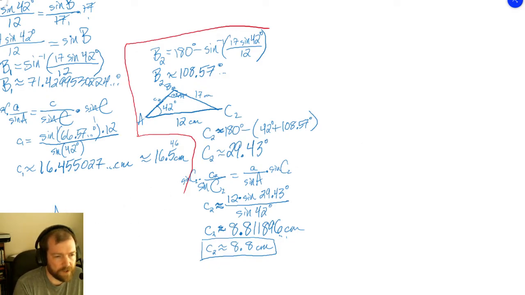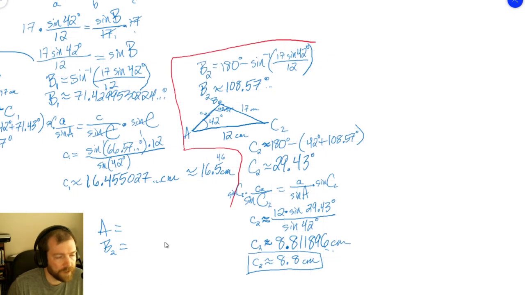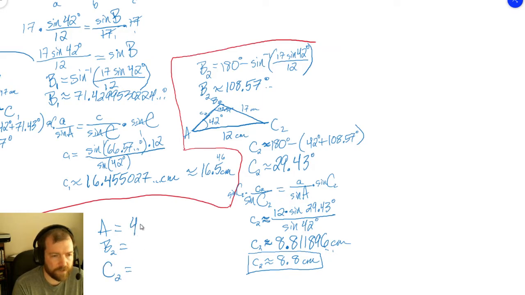So this means our A, B2, C2, we've got 42 degrees here. B2 was again 108.57 degrees.